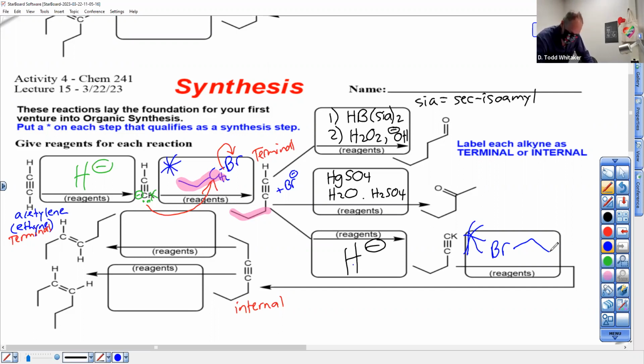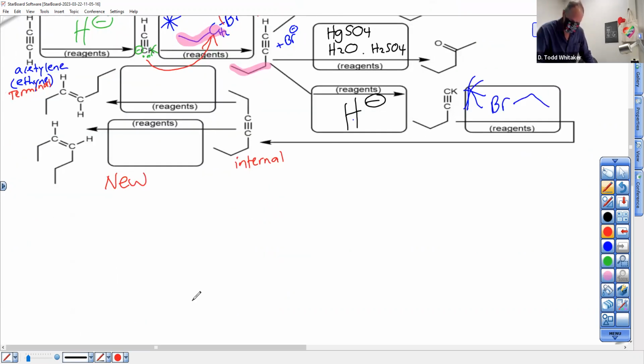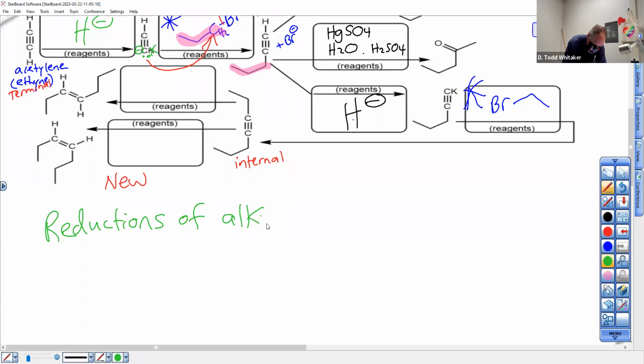And these 2 reactions over here are our final new reactions for this test. I'll do a mini lecture down here for reductions of alkynes. A summary of all the reductions you're responsible for.